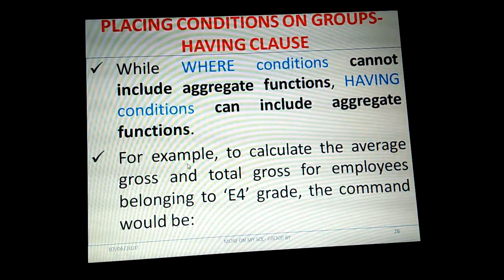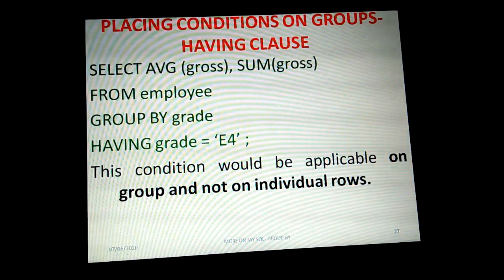Next, to calculate the average gross and total gross salary of employees belonging to grade E4, we are going to use the command with the help of the having clause. Select average of gross and sum of gross from the employee table, group by grade.